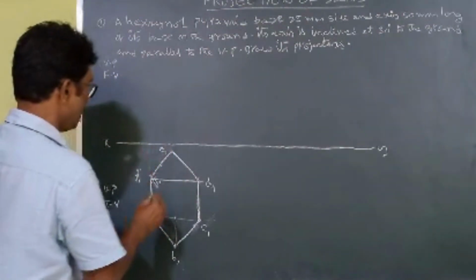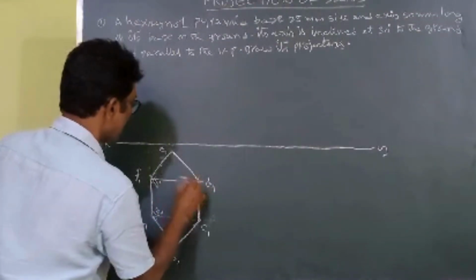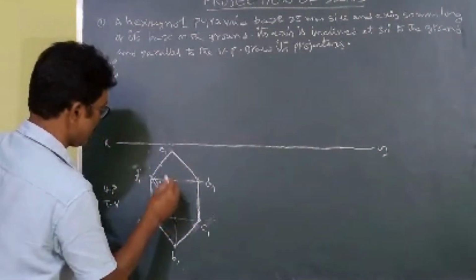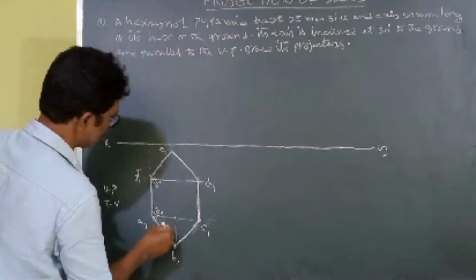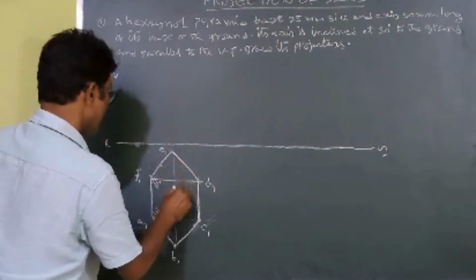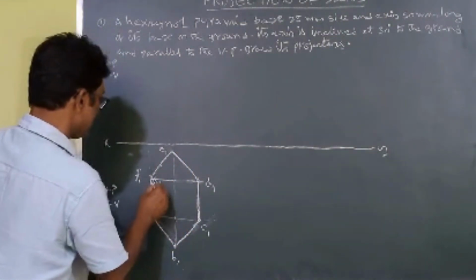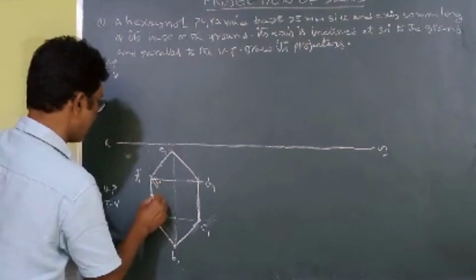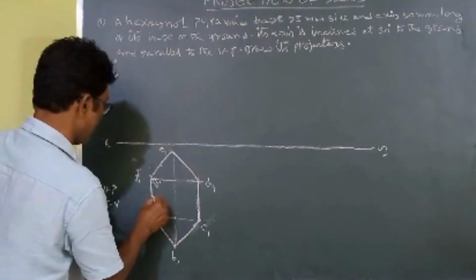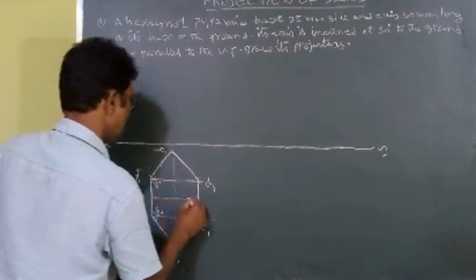Because it is a pyramid, we have to find the center of this hexagon. How to find the center? You join these two, and at the same time you take the midpoint of F1 and A1 and draw a line like this.